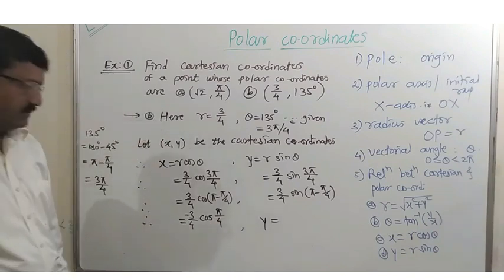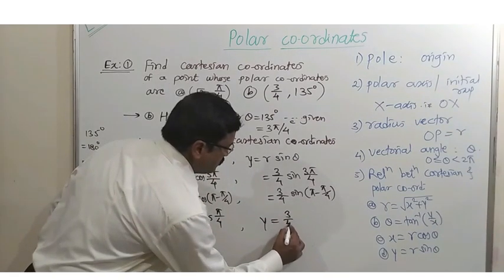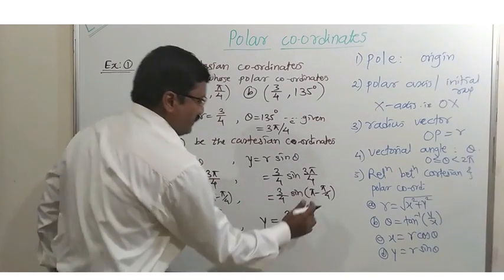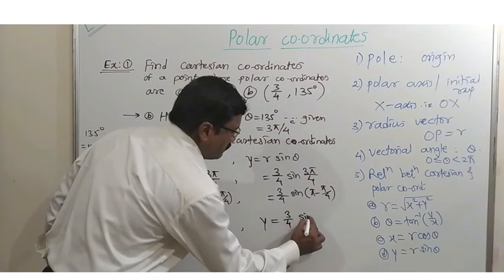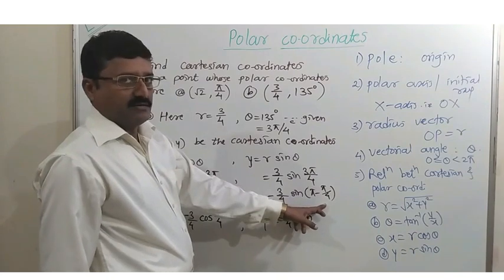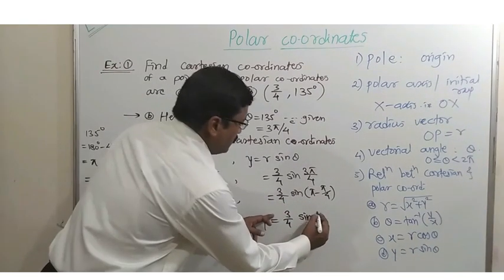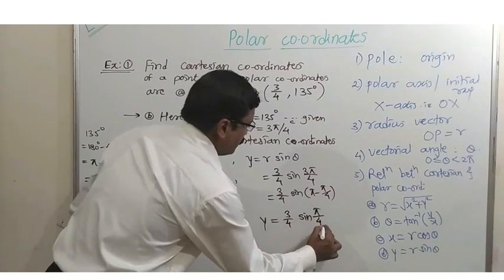Okay, is it clear? Similarly, here also this is 3 by 4 sin of pi minus pi by 4. Pi is given, so no change in trigonometric function, sign will remain as it is. Now pi minus means second quadrant, and in second quadrant sine is positive, so no change in sign here, we get sin pi by 4.